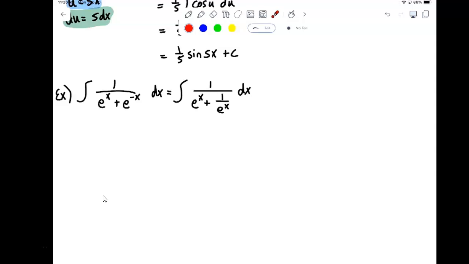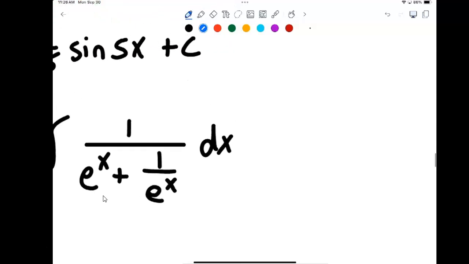Now, a lot of times with integrals, when you're trying to work an integral out, it's let's try something and see if it works. So here, since I have this fraction inside of the bigger fraction, I'm going to get rid of my complex fraction, which is what it means when you have a fraction inside of a bigger fraction. And we do that by multiplying both top and bottom by my common denominator.